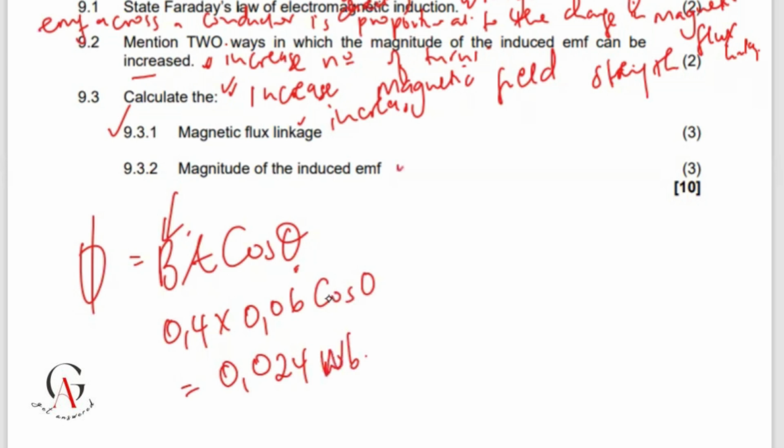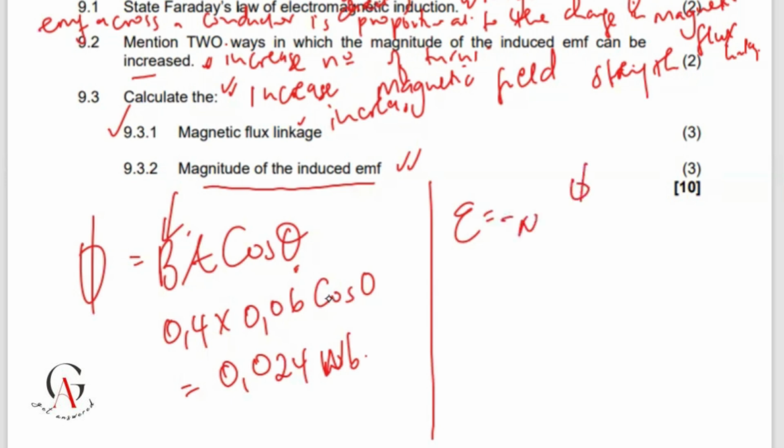Then 9.3.2, they want us to get the magnitude of the induced EMF. So we know that the change in the magnetic flux will give us the EMF. So that's going to be negative N, the change in the flux over delta T. Let's substitute how many turns we have.